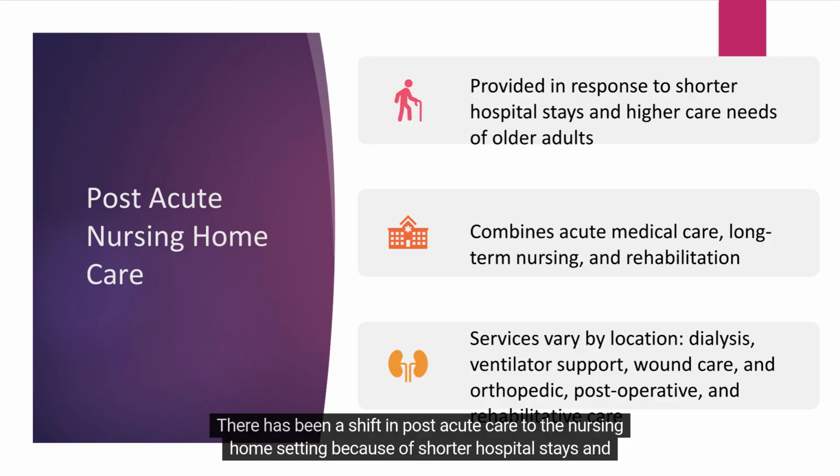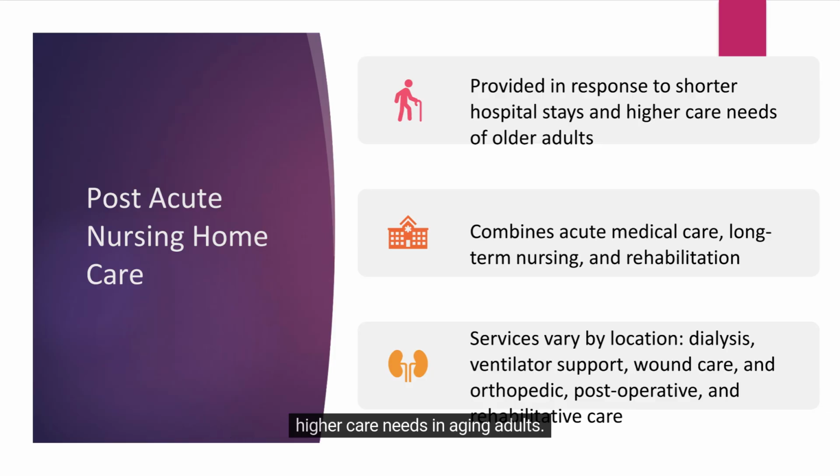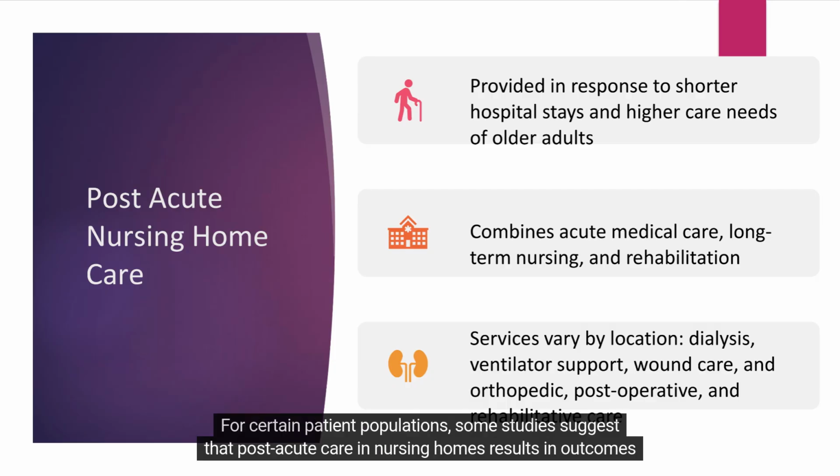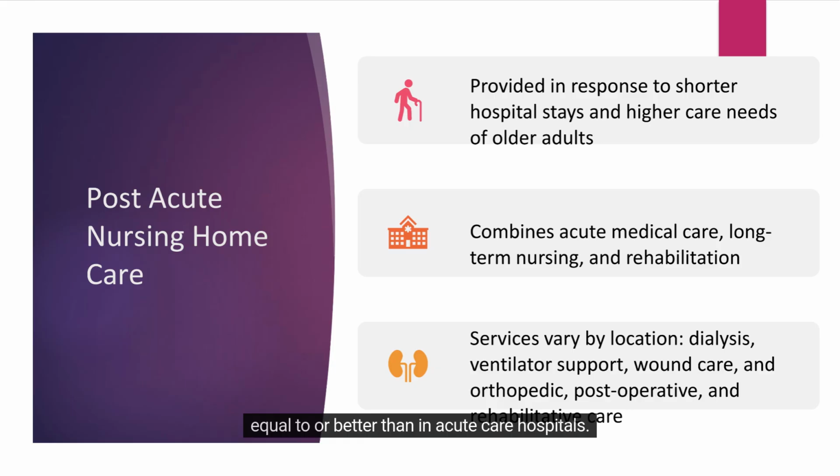There has been a shift in post-acute care to the nursing home setting because of shorter hospital stays and higher care needs in aging adults. For certain patient populations, some studies suggest that post-acute care in nursing homes results in outcomes equal to or better than in acute care hospitals.